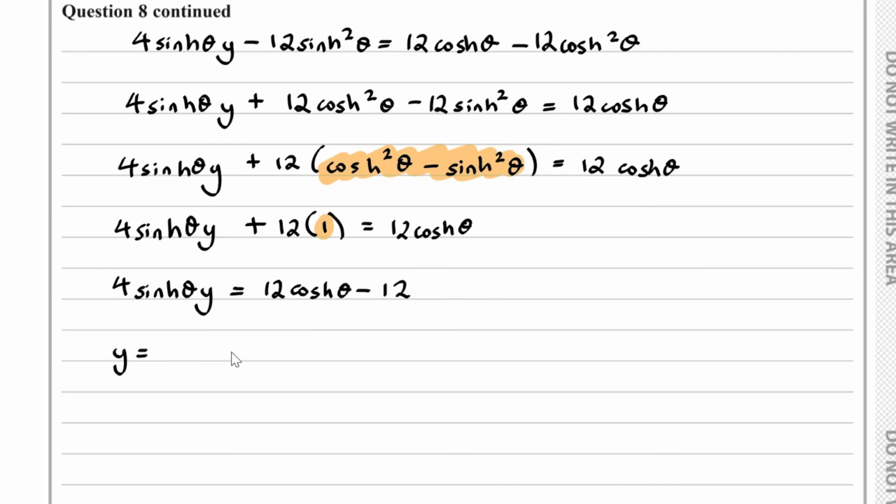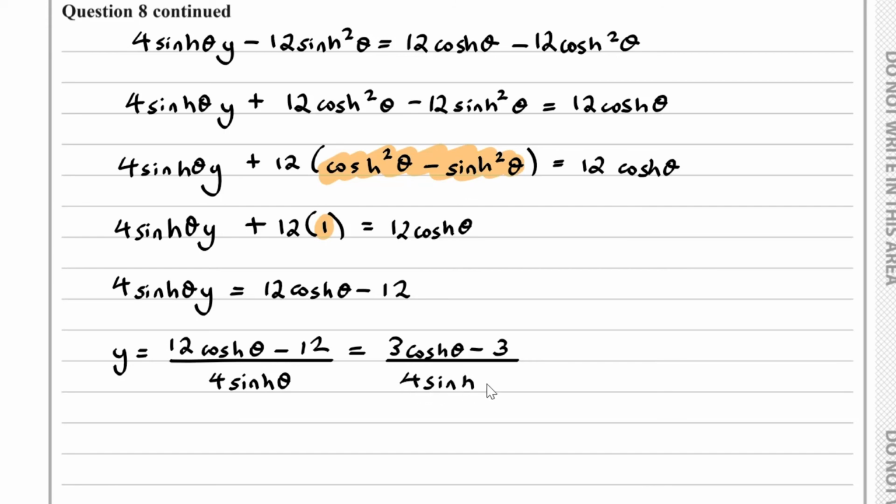So y is equal to 12 cos theta minus 12 over 4 sine theta, which if we divide the top and bottom by 4, we end up with 3 cos theta minus 3 over 4 sine theta.